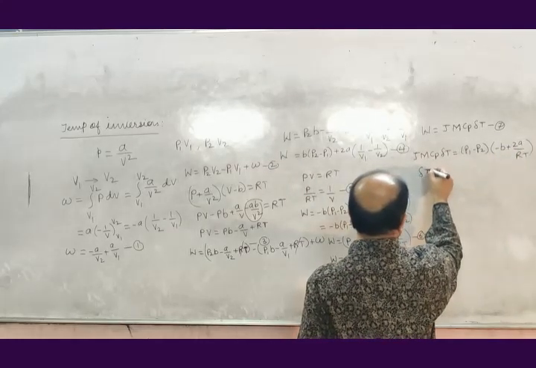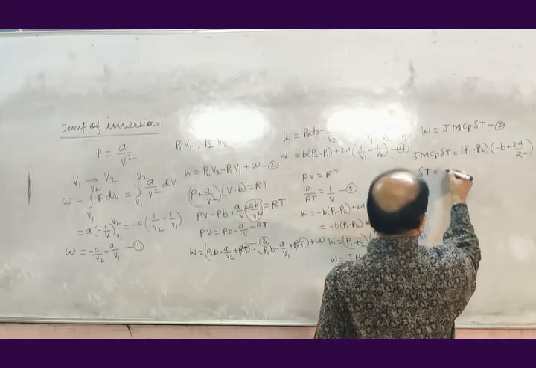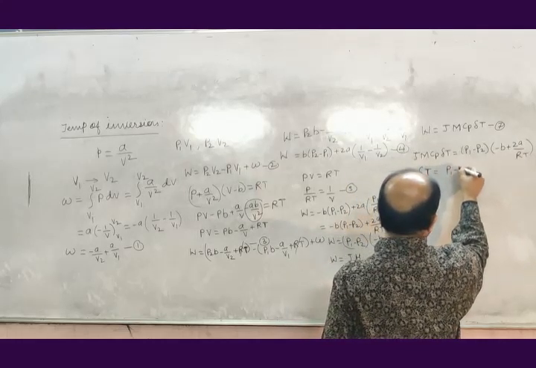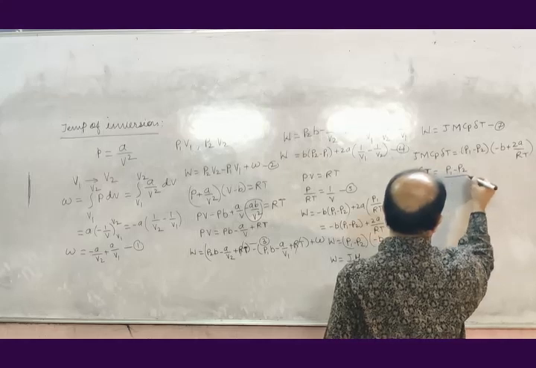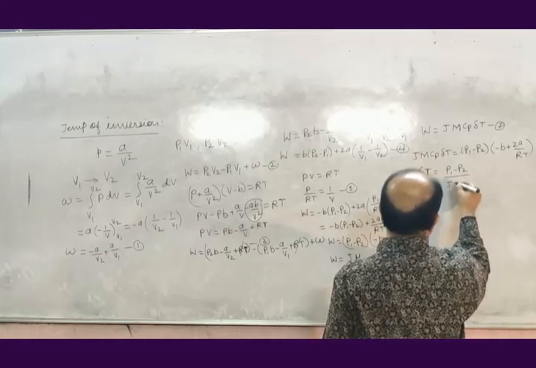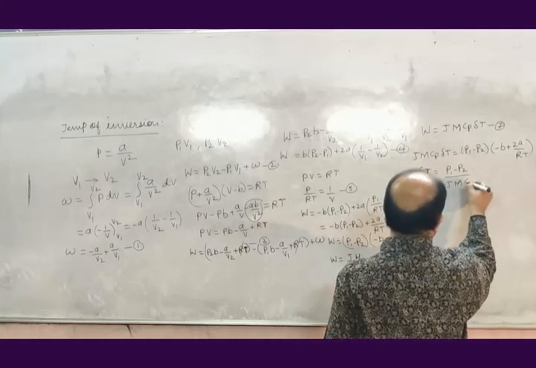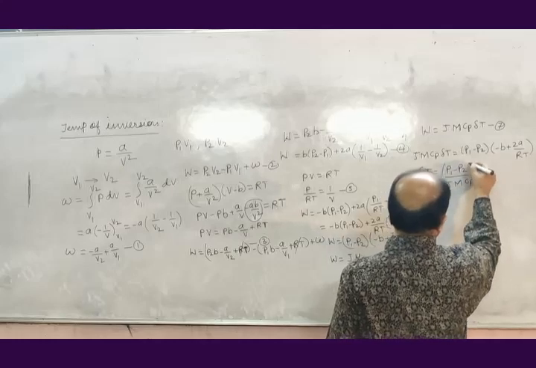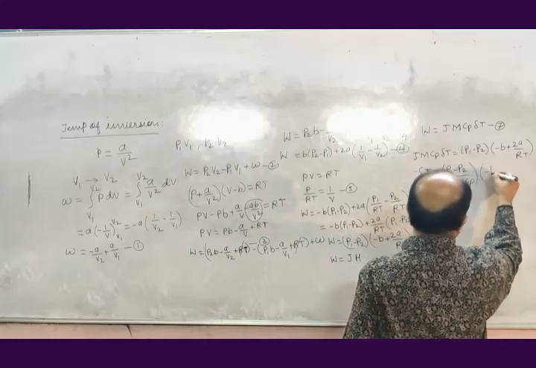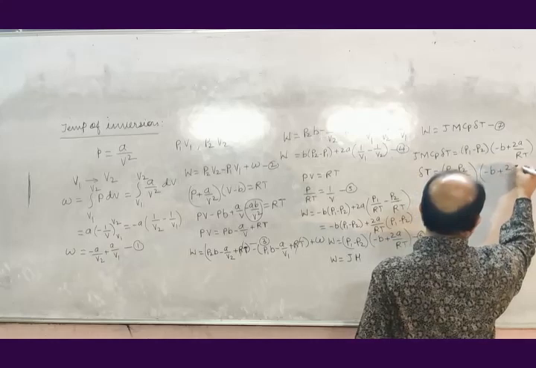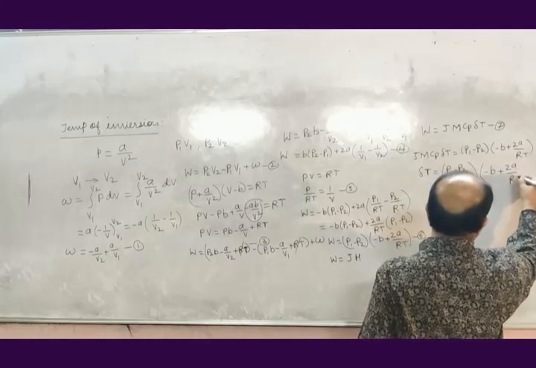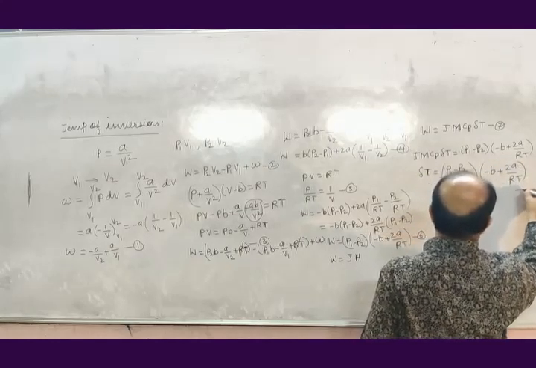So delta T is equal to P1 minus P2 divided by J M Cp into minus B plus 2A divided by RT.